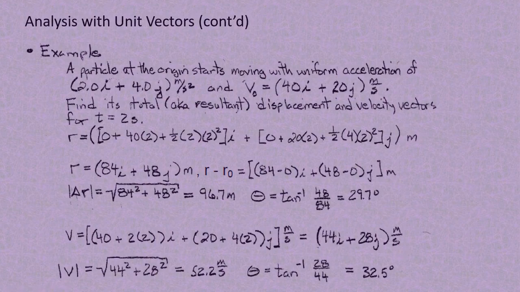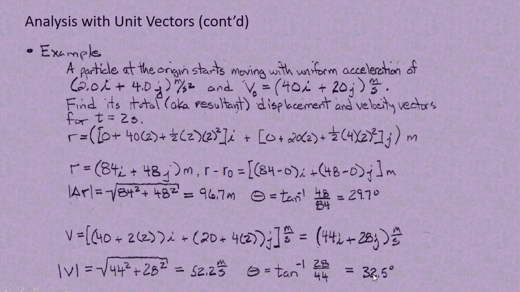But if you were asked to find the magnitude of the velocity and the direction of the velocity, you again would use the modified version of the Pythagorean theorem with the x component velocities and y component velocities, and you would find that your total or resultant velocity magnitude was 52.2 meters per second, and the directional angle theta would be the inverse tangent of 28 meters per second divided by 44 meters per second, and that would give you 32.5 degrees.